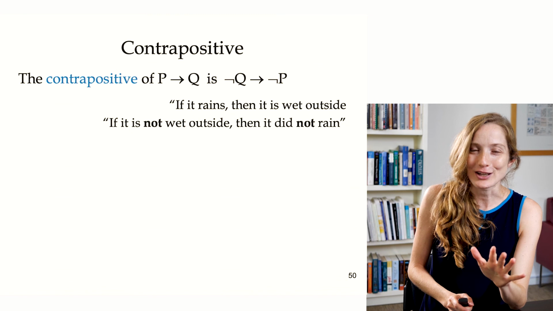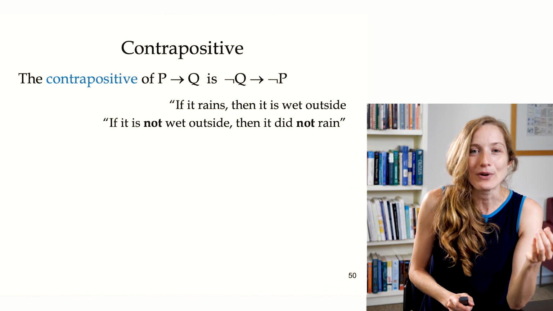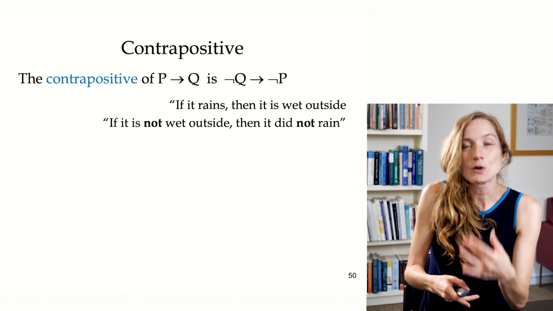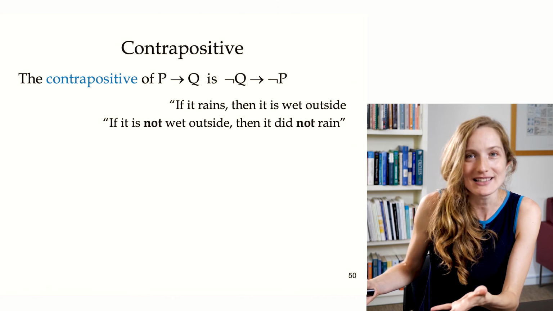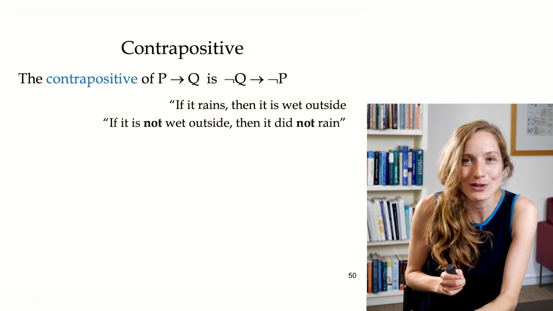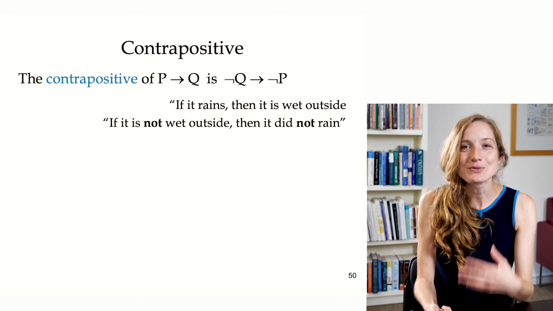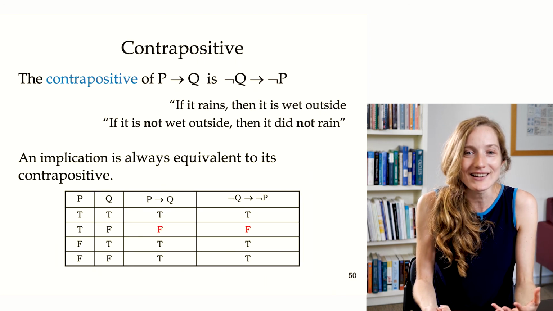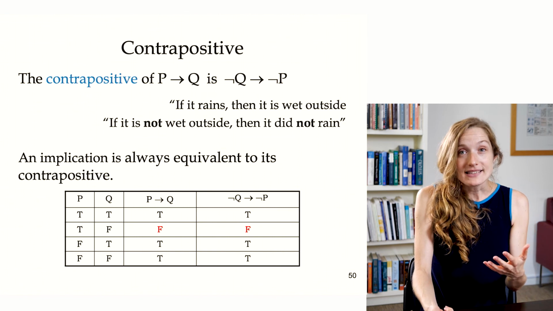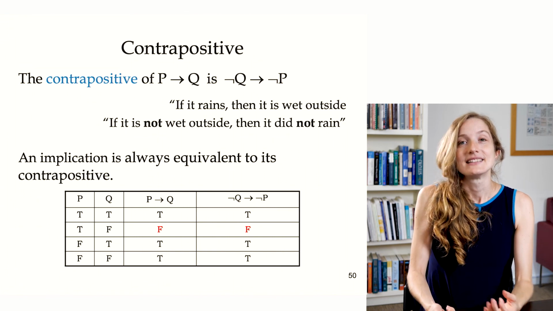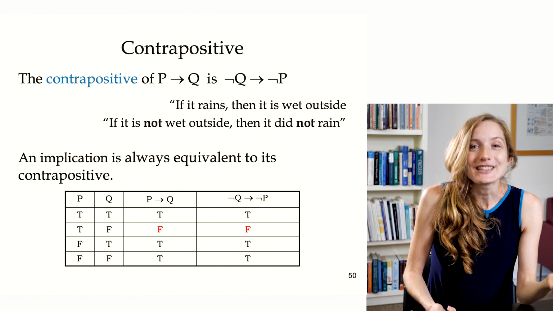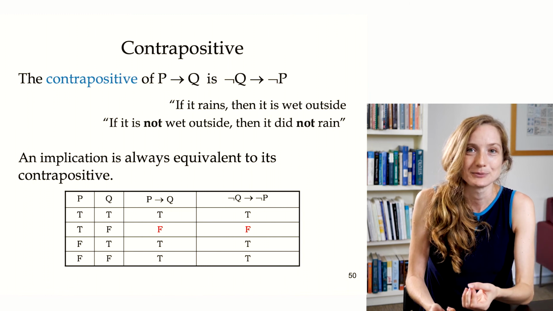Now check yourself. If it rains, then it's wet outside. So suppose I go outside and it's not wet. What does that mean? It must not have rained. This is kind of an intuition for it. And it will always be the case that an implication is equivalent to its contrapositive.